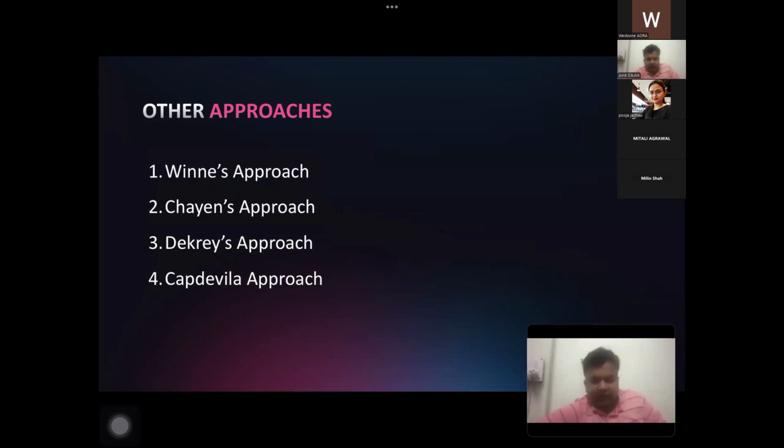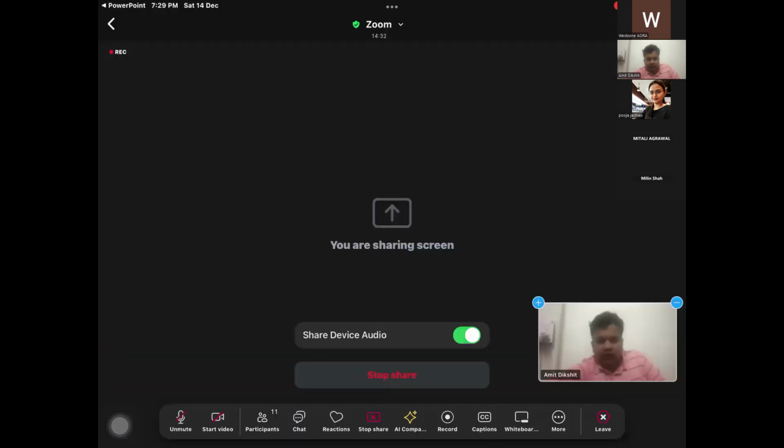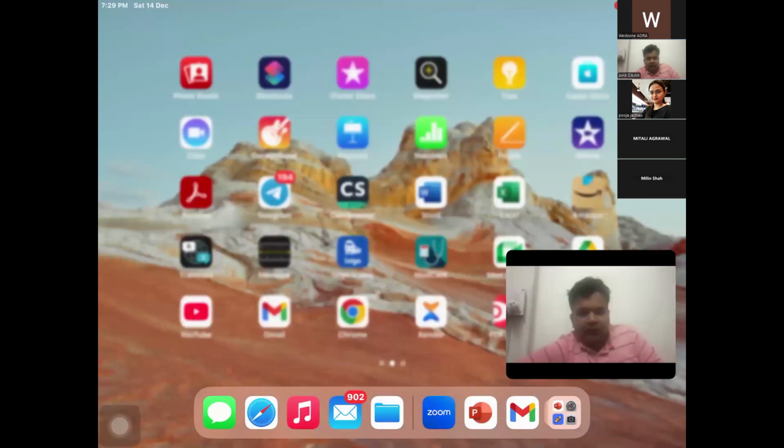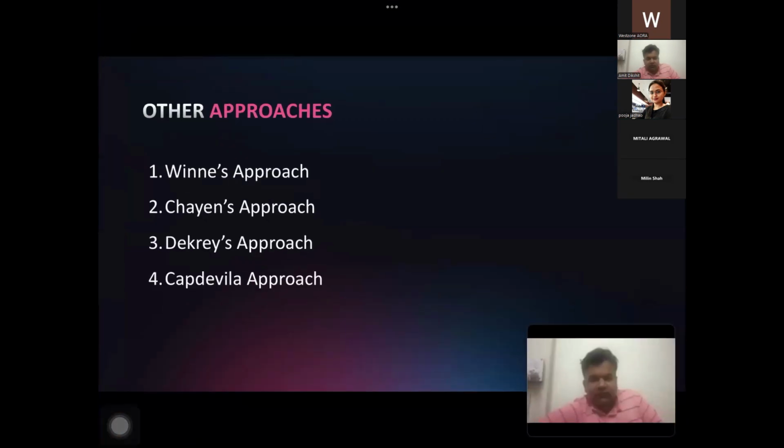Whereas Capdevila did a lot of CT guided studies, and in his approach, he concluded that we need not move the needle medially or laterally. We just have to go perpendicular. That is the beauty of Capdevila's approach, and that is why we are safe in it.